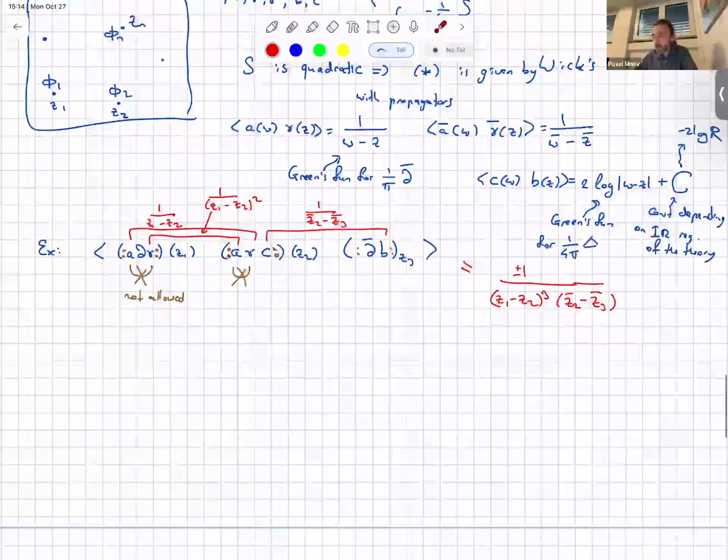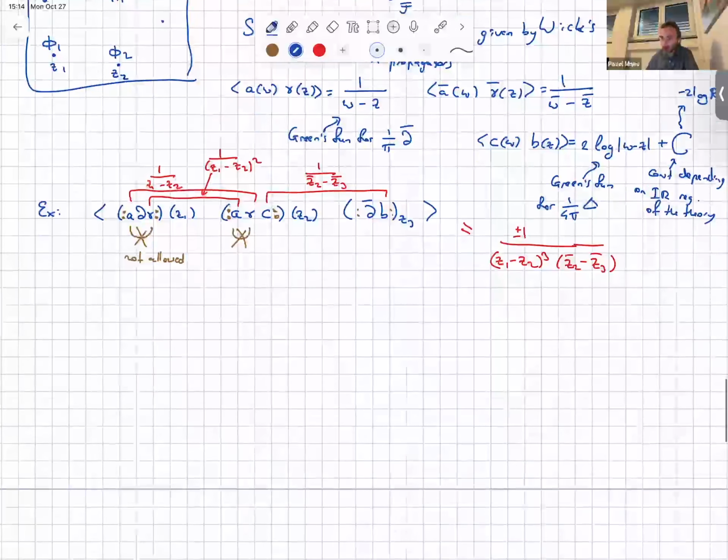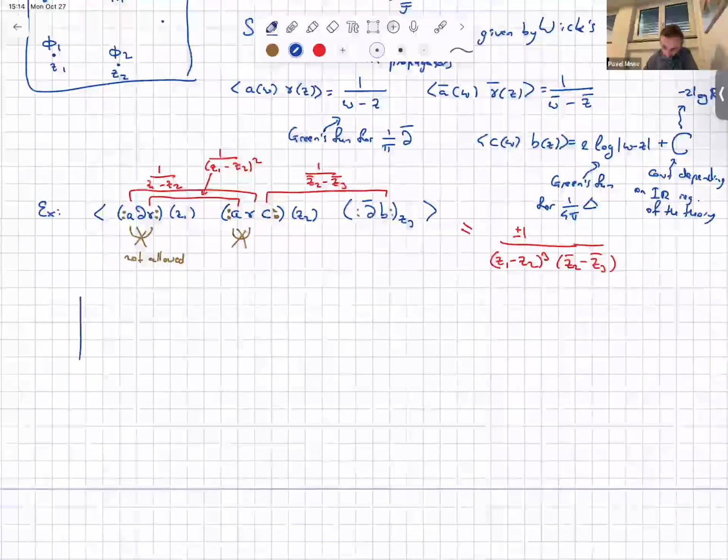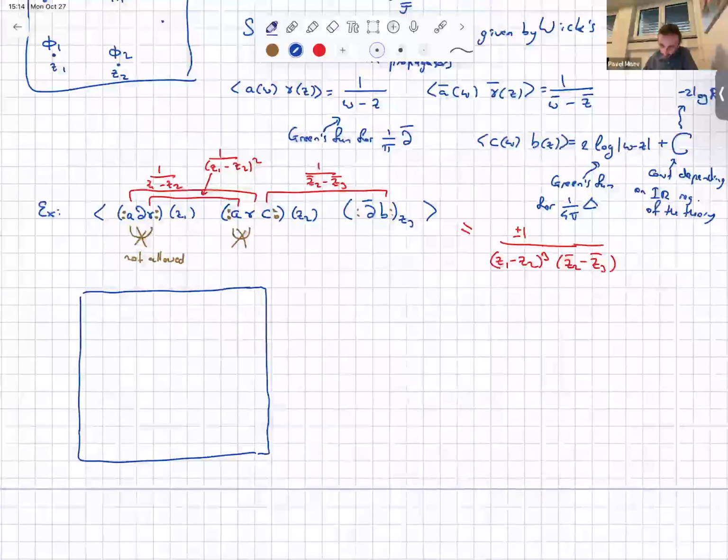So another way to maybe draw this pictorially is the following: if I want to calculate the correlator of several composite fields, and let's say that my composite fields are normally ordered differential monomials.